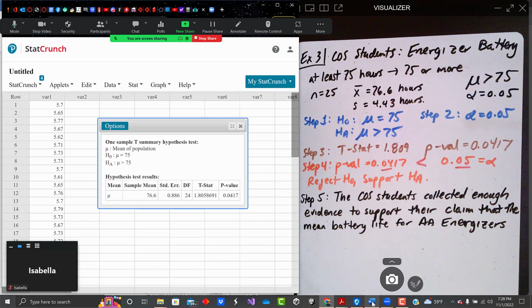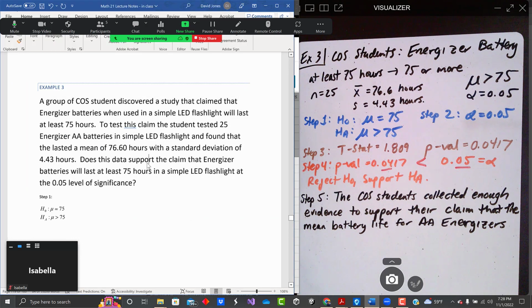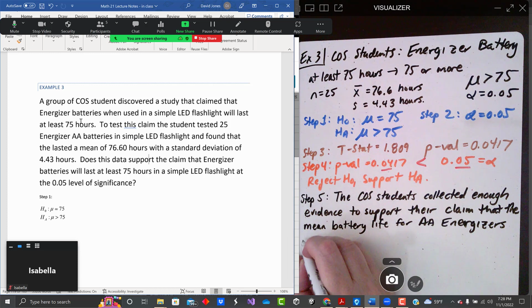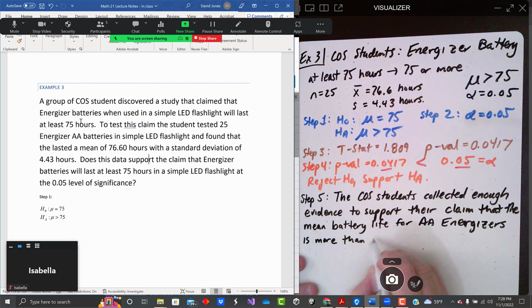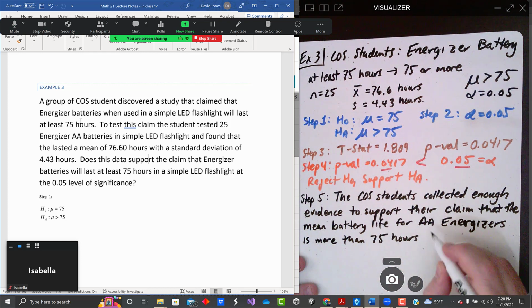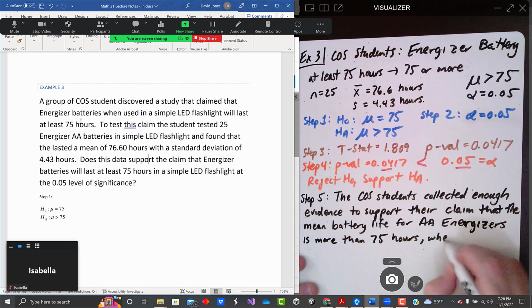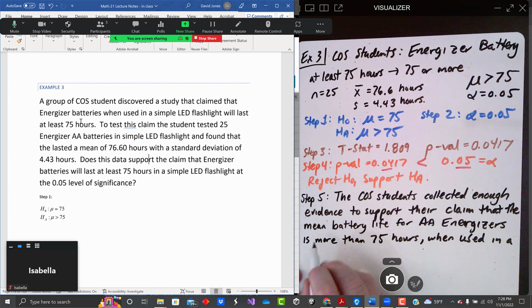I want to see what the wording on it said. I want to kind of match that. To support the claim that the mean battery life for AA Energizers is more than 75 hours when used in a simple LED flashlight.